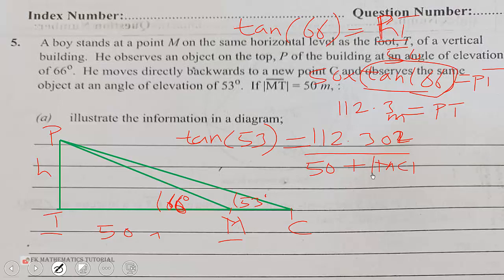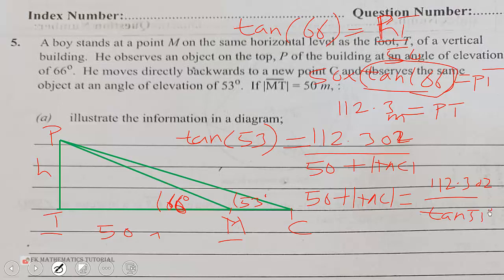So we have 50 plus magnitude of MC will be equal to 112.302 over tan 53.